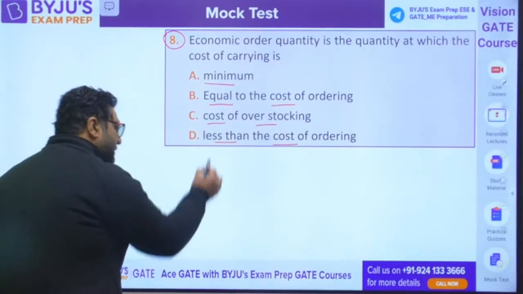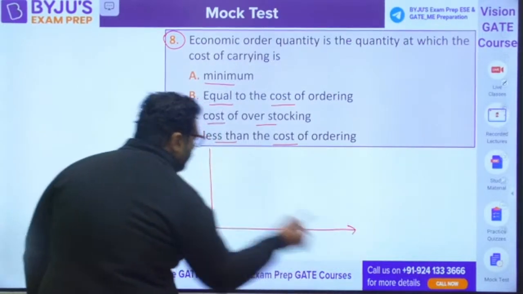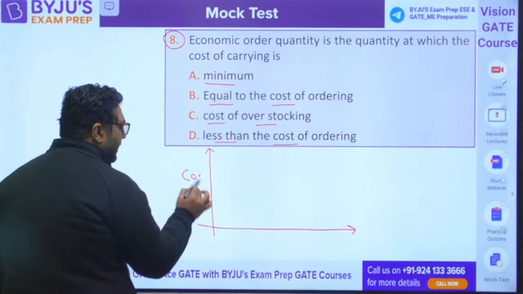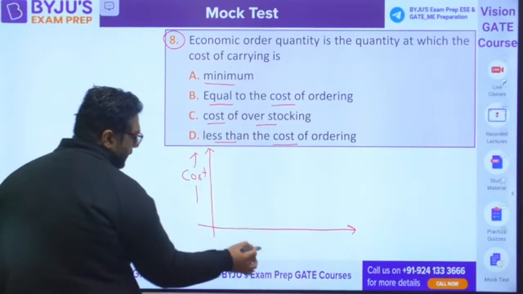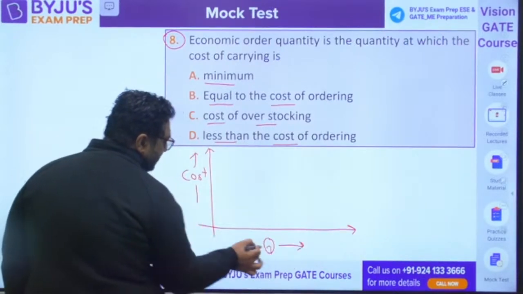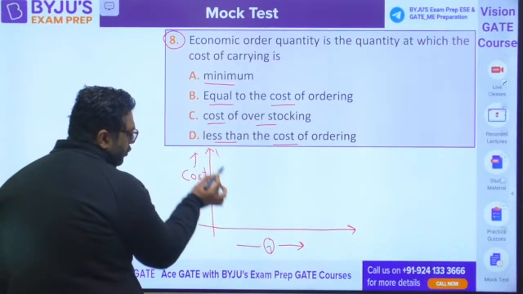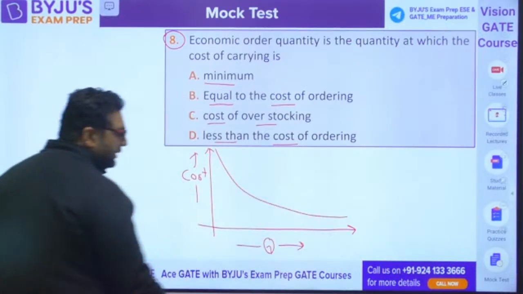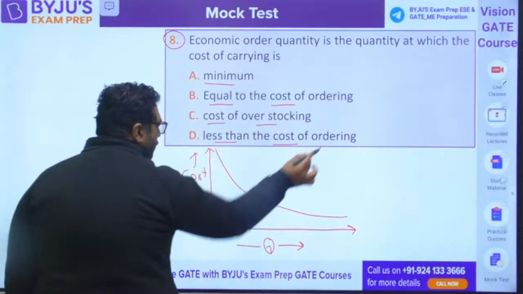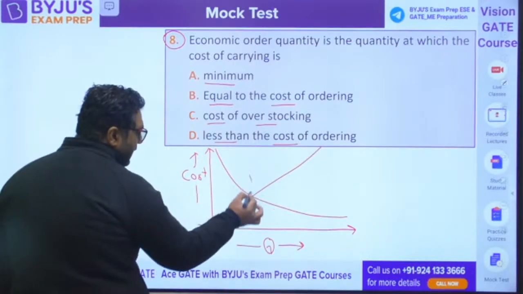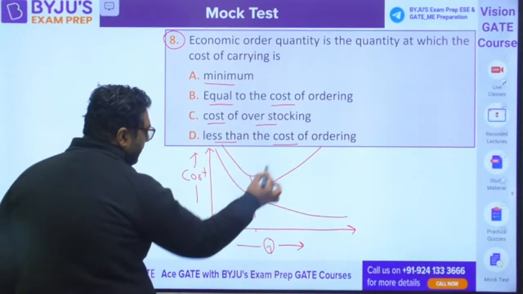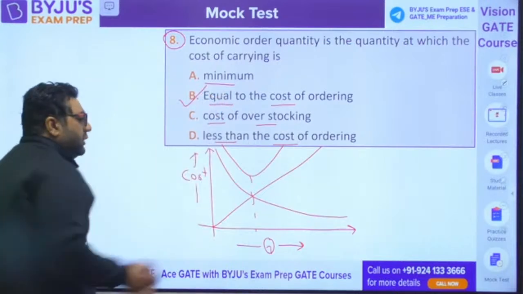So dear, you must be aware whenever we are going to make cost on the y-axis and quantities on the x-axis, then ordering cost is going to reduce if you increase the ordering quantity. Holding cost is like this, and when they are becoming equal, there we will be getting the minimum cost. So answer will be B for this.